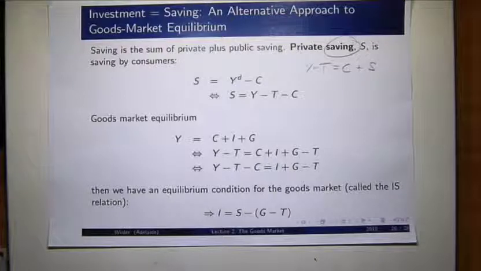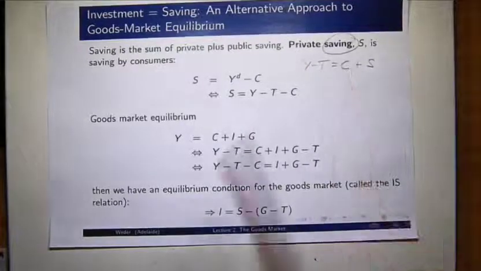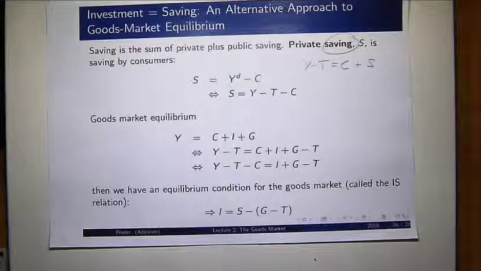So in an economy, this always has to hold. This is simply an accounting exercise what I do here. This always has to hold in a closed economy because I don't consider exports and imports here.